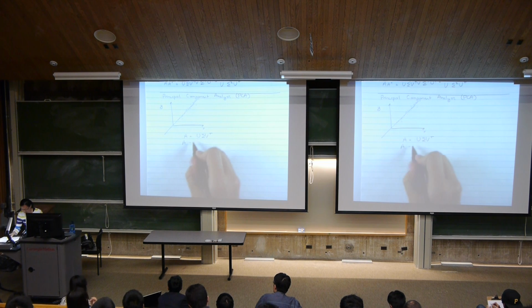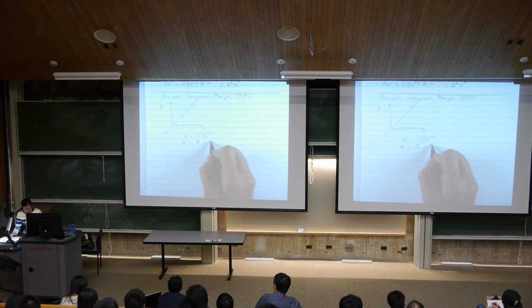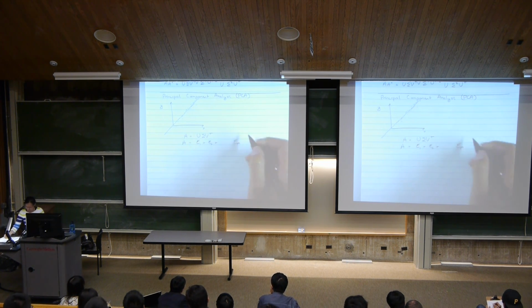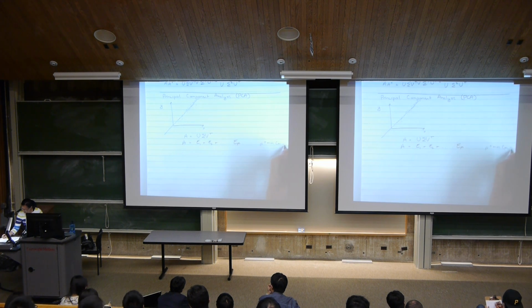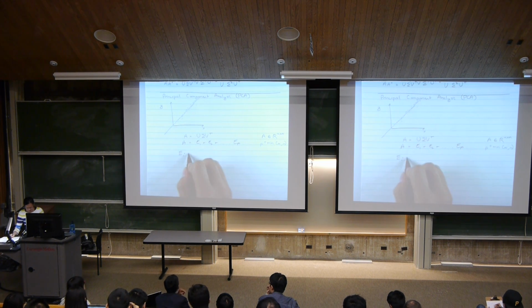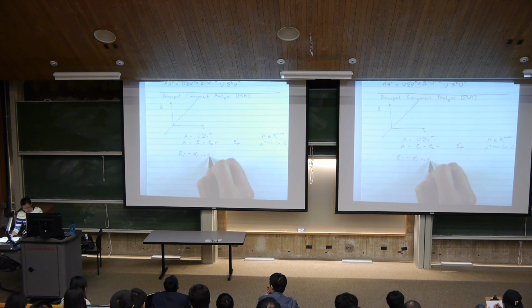We want to write A as the sum of simple component matrices, and P is the minimum of m, n, assuming that A is full rank. Now these component matrices are rank 1 outer products: sigma_i u_i v_i^T.